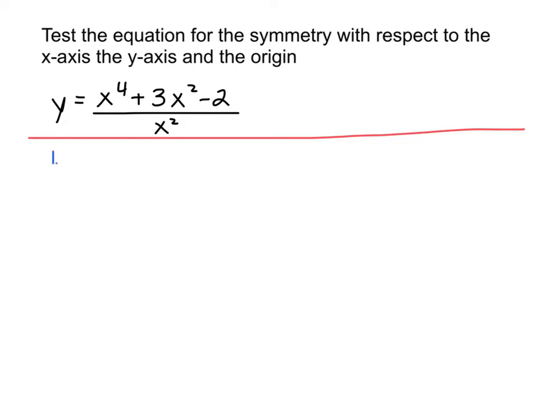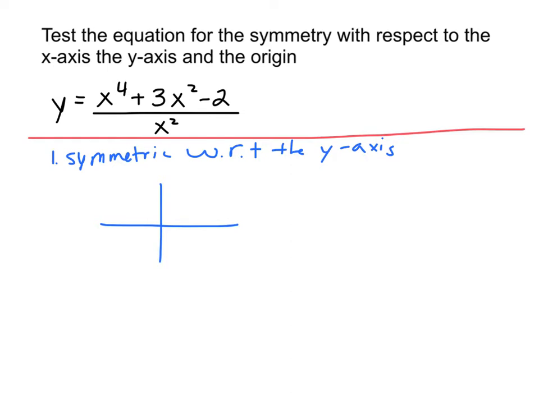So first, let's talk about symmetry with respect to the y-axis. This WRT means with respect to the y-axis. Think of it like this: I have this here, and this is symmetric with respect to the y-axis.